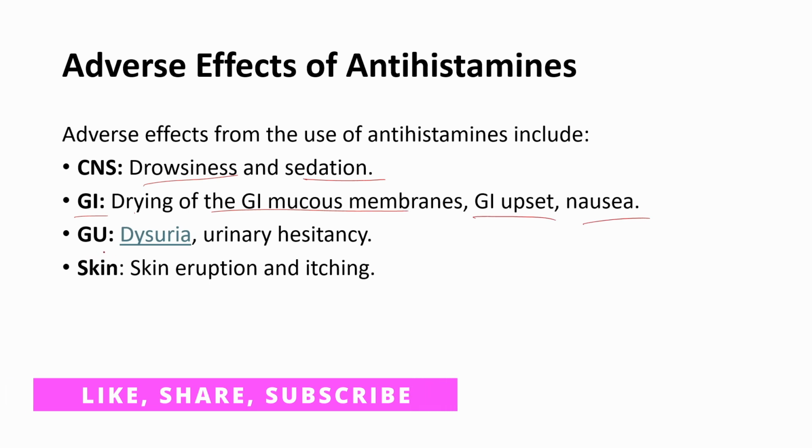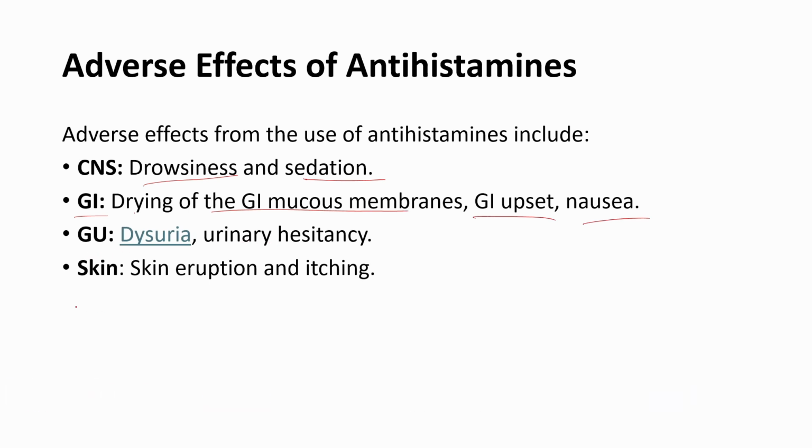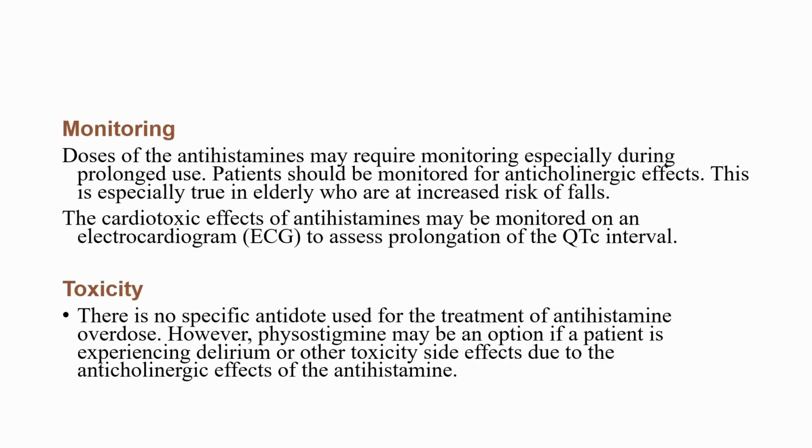Then in the genitourinary system there can be dysuria and urinary hesitancy, and skin eruption and itching. These are some of the adverse effects from the use of antihistamines, because they also have sedative and anticholinergic properties, so there can be other associated adverse effects, which we have mentioned now.